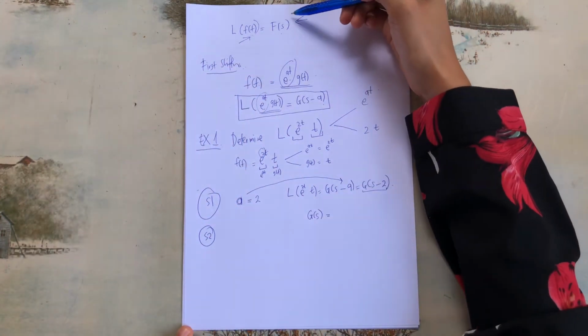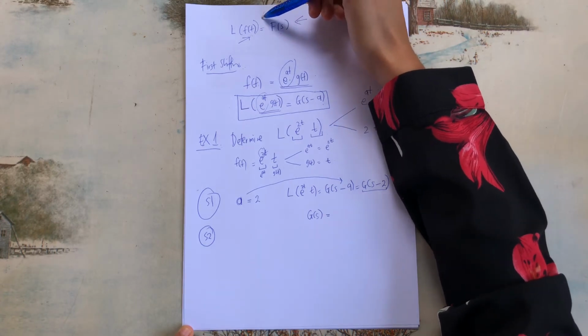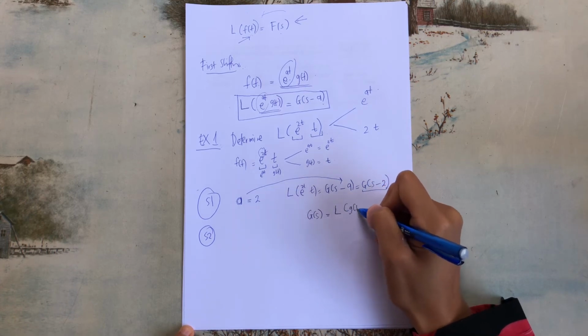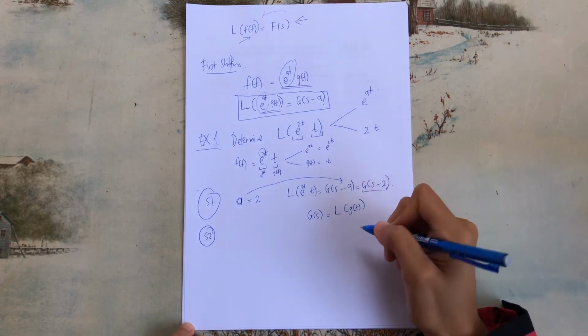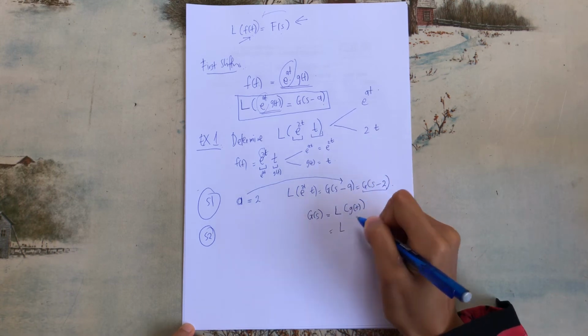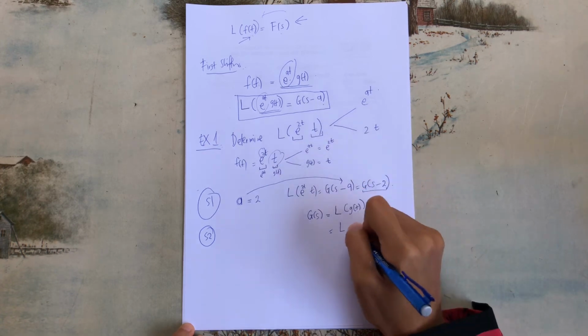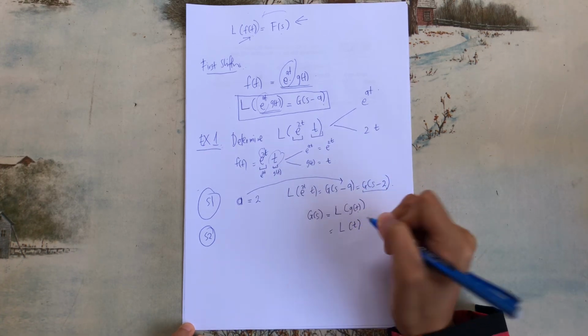To get your F(s) just now, you do the Laplace transform, right? So to get your G(s), you need to find the Laplace transform for g(t). So what is your g(t)? g(t) is t.